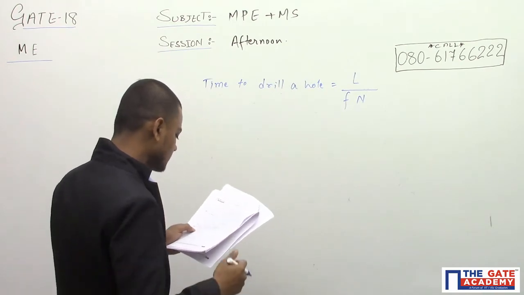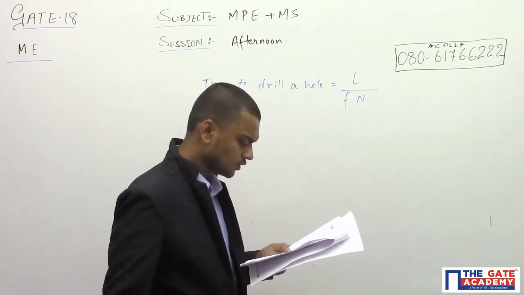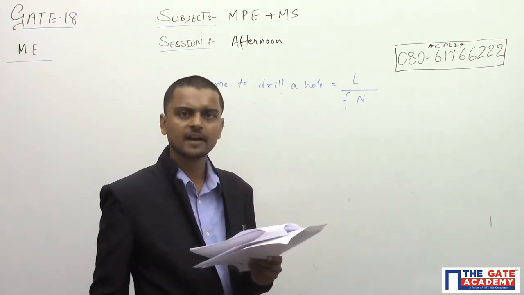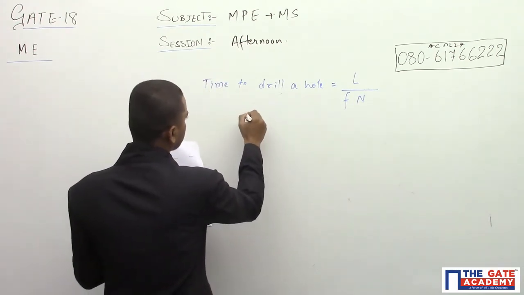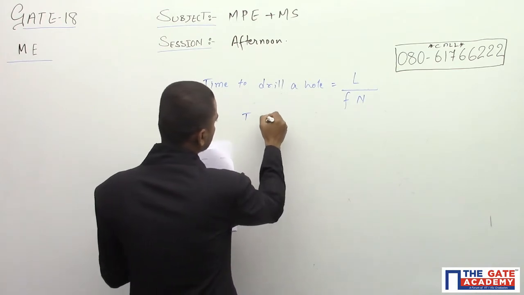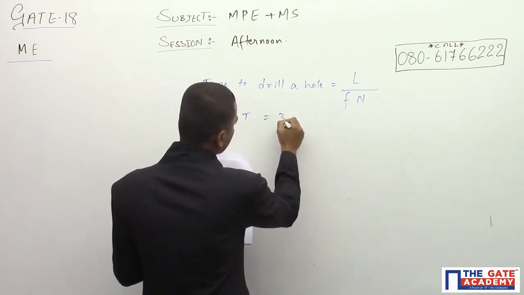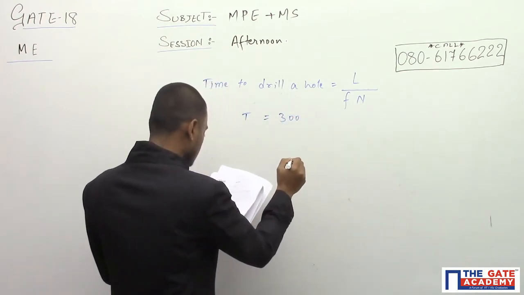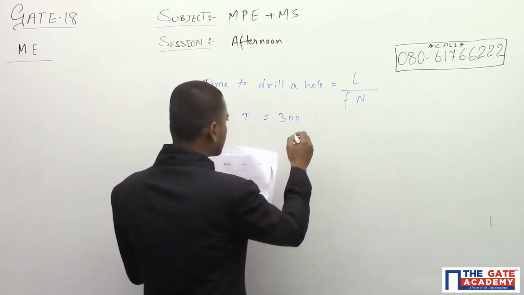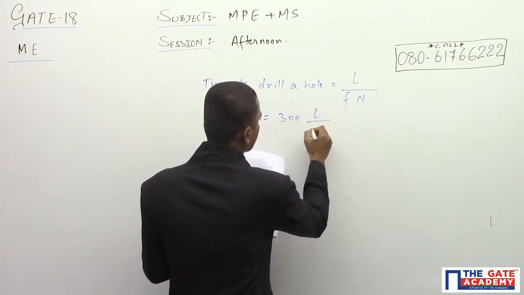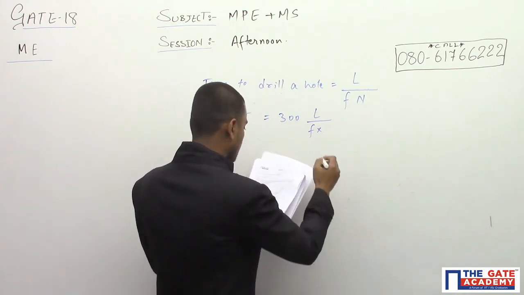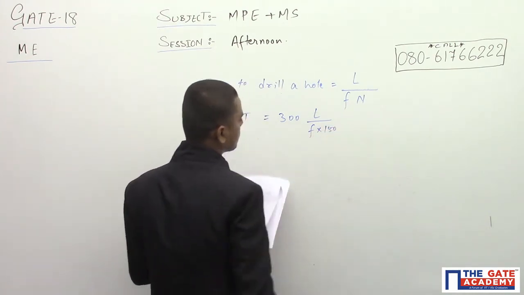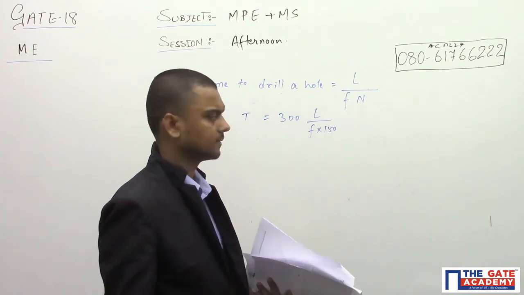Now in the first case we have to drill 300 holes at 150 rpm. So that tool life T1 will be equal to the number of holes, which is 300, multiplied by the length of tool travel upon feed into N, where N is 150 rpm, which is your N1.